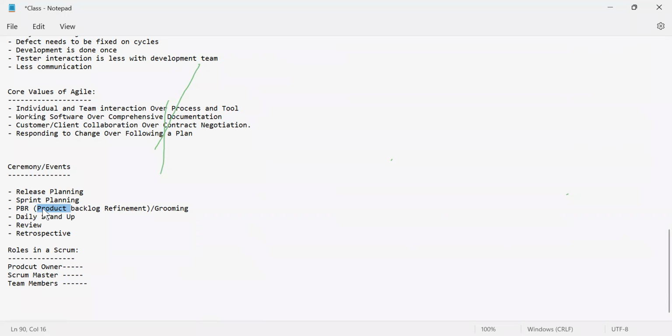They discuss the stories: if there are any questions, what needs to be developed, how it needs to be developed, what the technology is, who needs to take this, what the effort is to complete the story, and if there are any dependencies. All this is done as part of sprint planning.